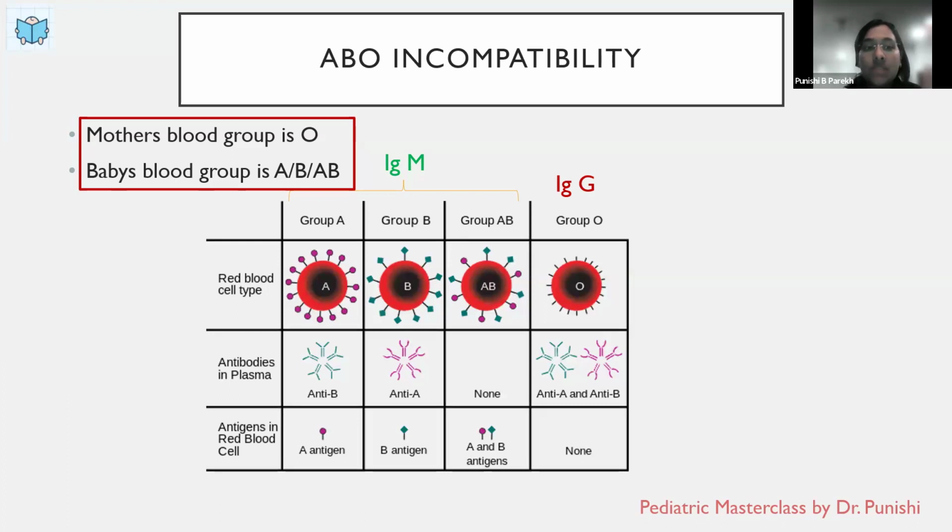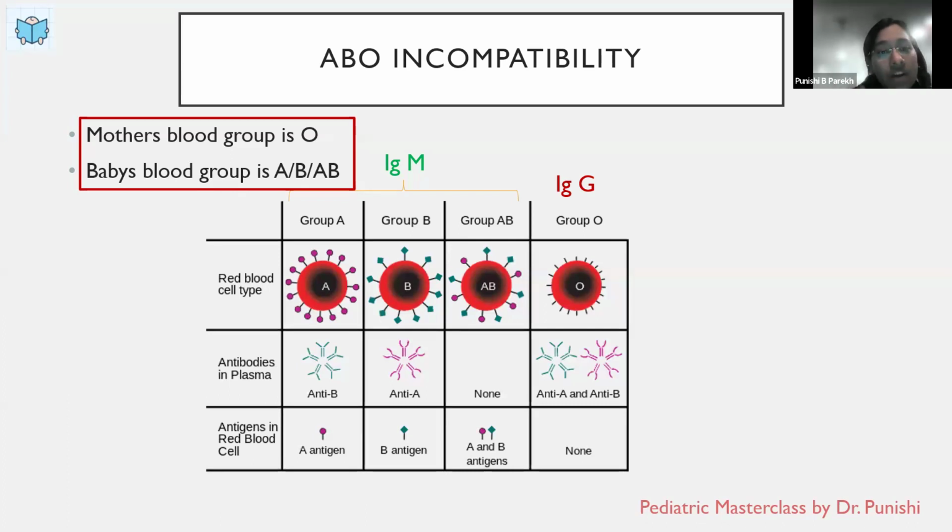I hope this concept is clear. This is probably not something that you will be asked in your exams, but it's very important to understand because this is just pure medicine and it's fun to know things other than just mugging it up.